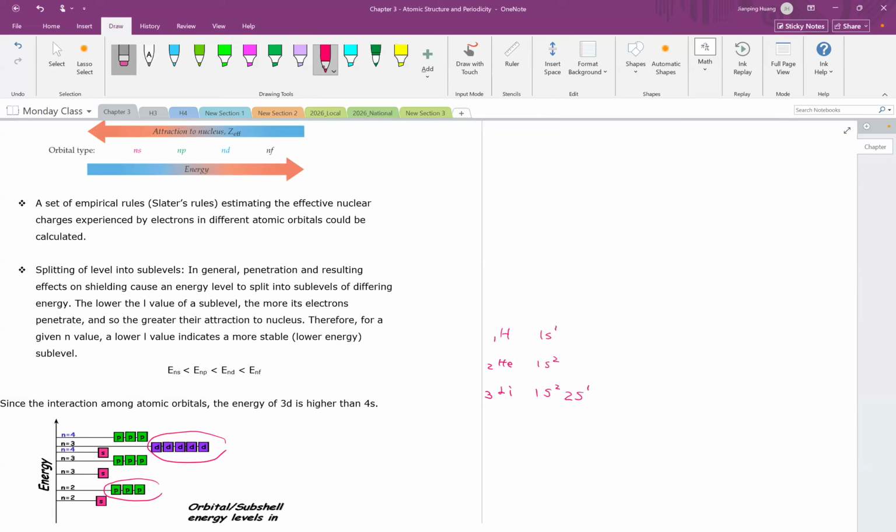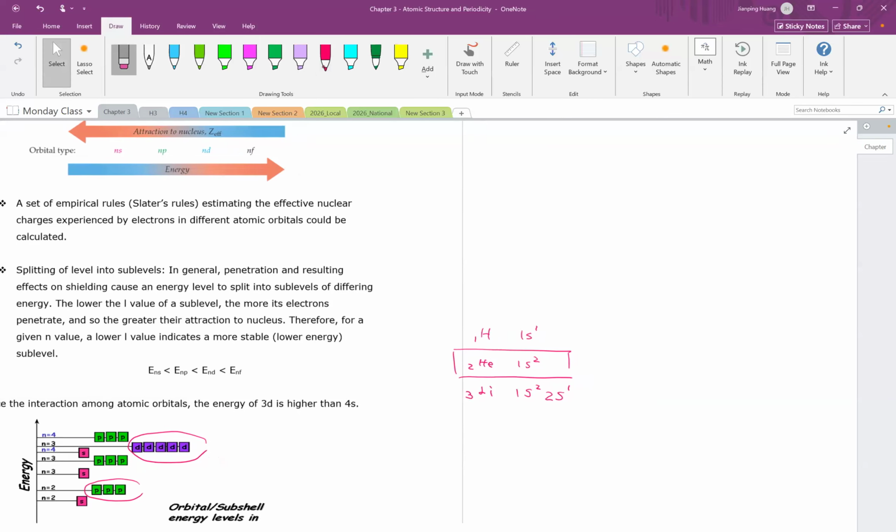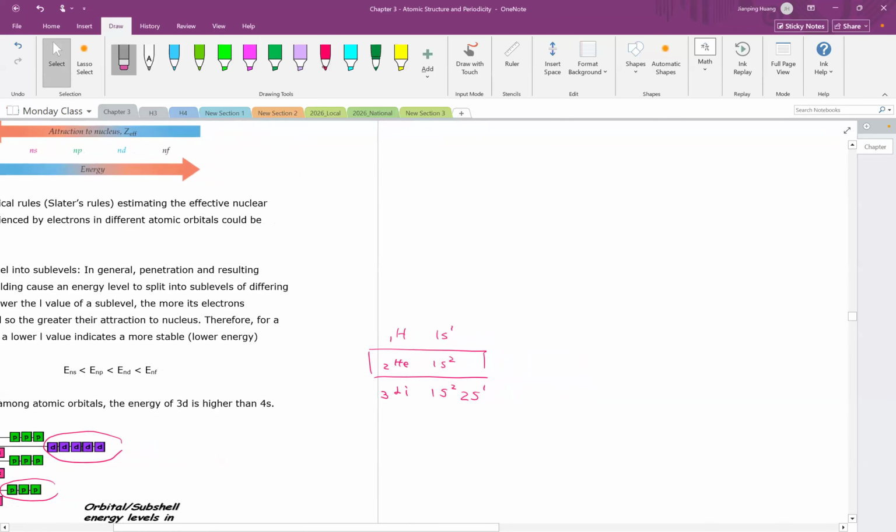Now I'm going to discuss this one. I want you to pay attention, okay? So you have 2 electrons. 1s has only 1 orbital. That's one possible. And another one.